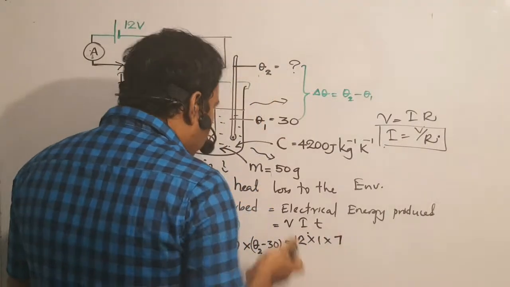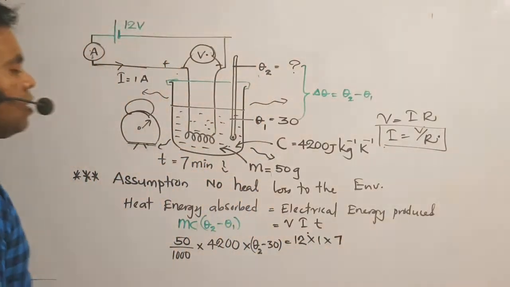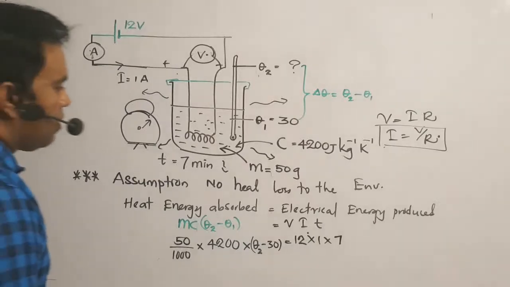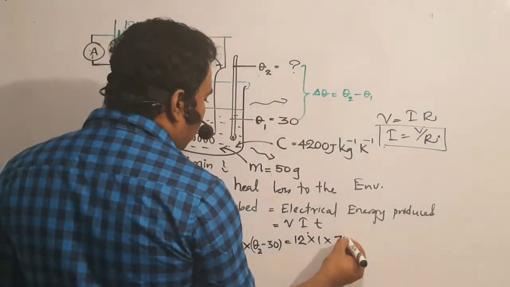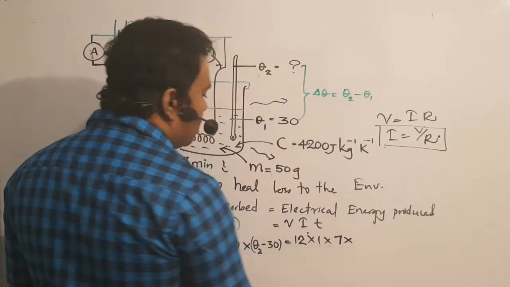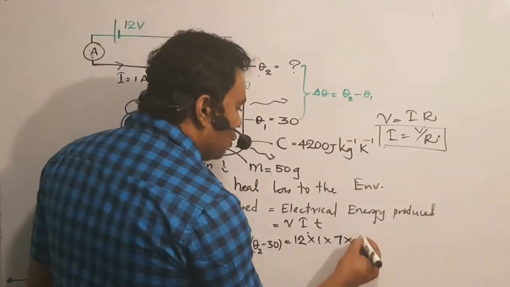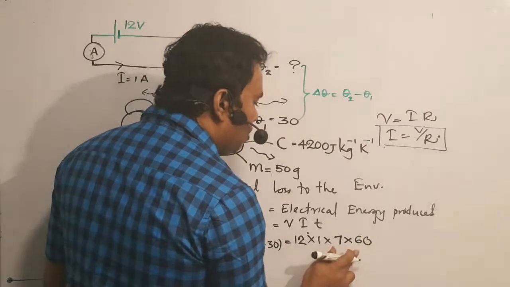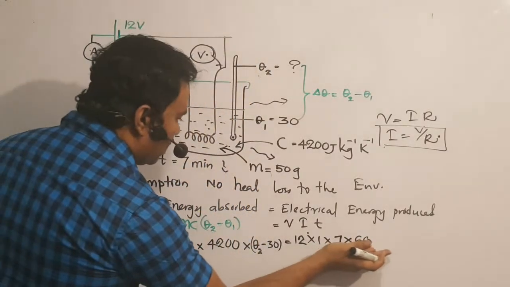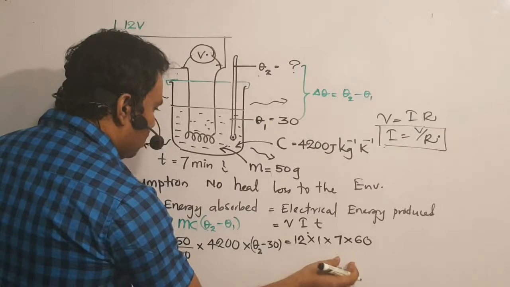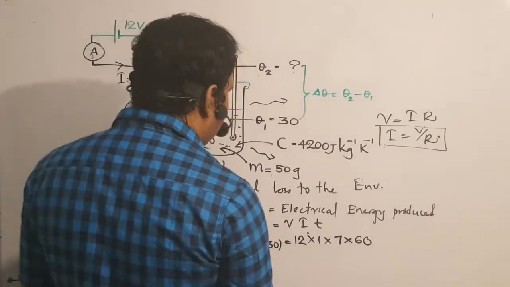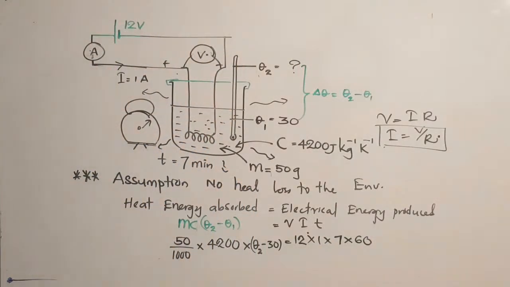But this is physics. We are using SI units. So 7 minutes has to be converted into seconds. What we have to do? We have to multiply it with 60 because 1 minute contains 60 seconds. So 7 minutes means 7 times 60. Okay. So that's the way of calculation.